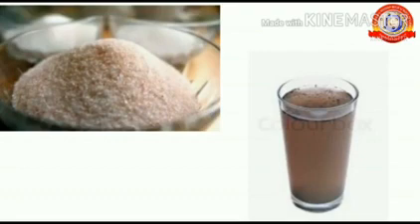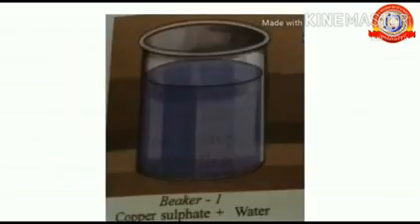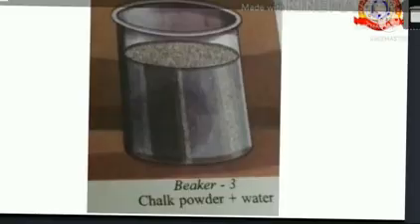In your textbook, an experiment is given. Take equal amounts of water in 3 separate beakers. Add copper crystals in the first, milk in the second, and chalk powder in the third beaker.